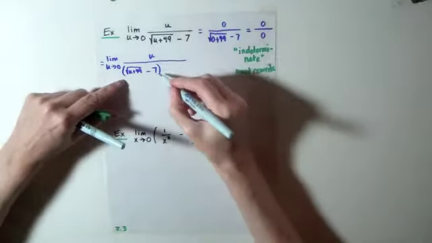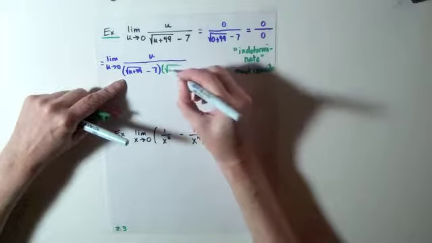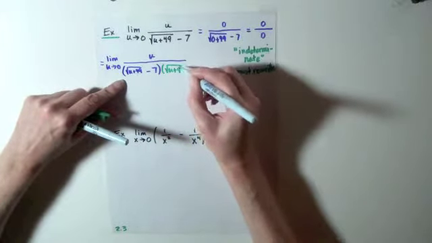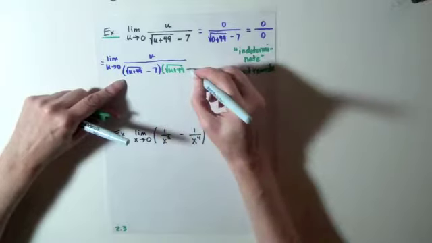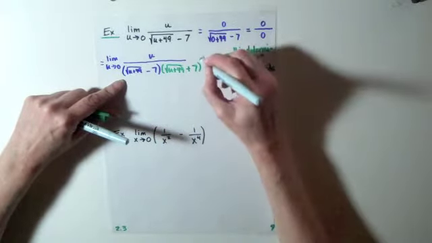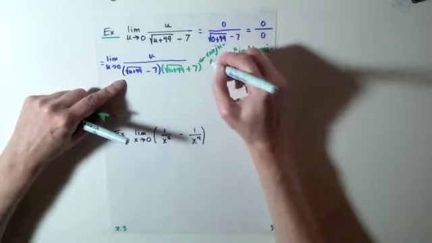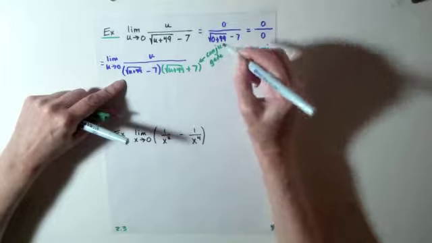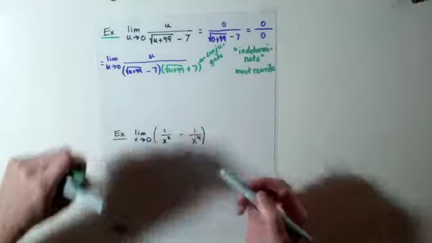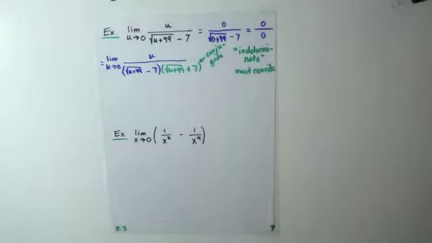We take this expression and we multiply by exactly the same thing, except that instead of a minus sign between our two terms, we put a plus sign. And this was what was referred to as the conjugate of the expression square root of u plus 49 minus 7. Same exact expression, but we flip the sign that's between the two terms.